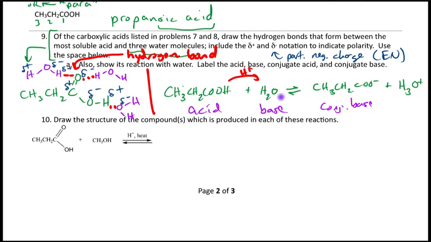And then the base, once it acquires or accepts the proton, then this is our conjugate acid. And again, this isn't asked for in the problem, but this would be called propanoate ion, and then this is hydronium. Right, well, this is chapter 10, basically.